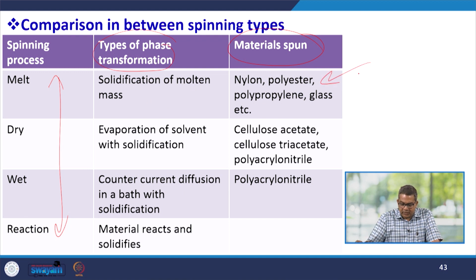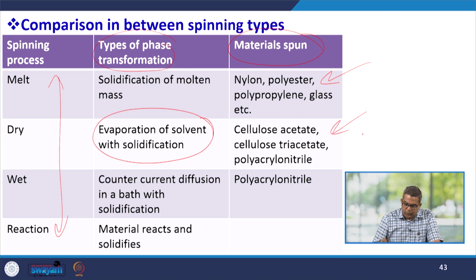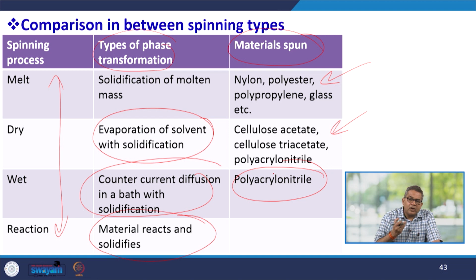You can spin materials like nylon, polyester, polypropylene, glass fibers, etc. Then the dry, that is evaporation of the solvent with solidification, then cellulose acetate, cellulose triacetate, and polyacrylonitrile you can process. Then wet, the countercurrent diffusion in a bath with solidification, and you can process polyacrylonitrile. And the reaction, the material reacts and solidifies. This is the phase transformation.